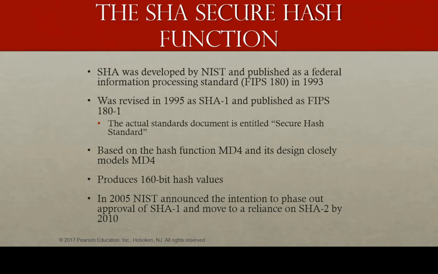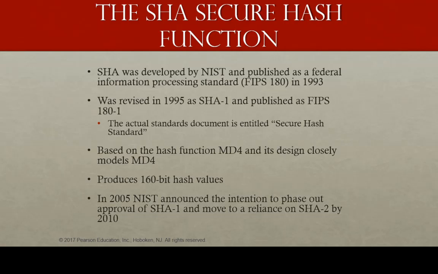When weaknesses were discovered in SHA, now known as SHA-0, a revised version was issued as FIPS 180-1 and is referred to as SHA-1. The actual standards document is entitled Secure Hash Standard.